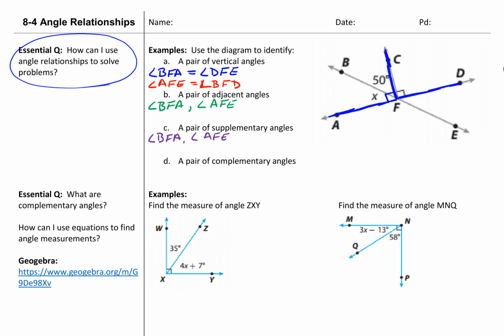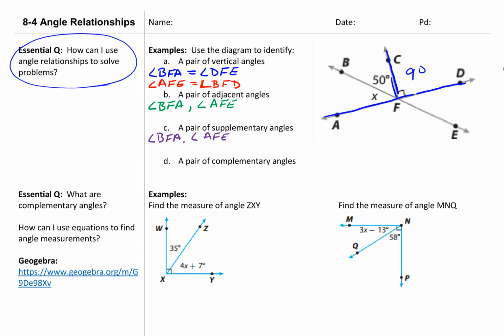So this is what I want you to start thinking about. Think about these relationships here. You have three angles here: AFB, BFC, and CFD, all on a straight line. Those would be supplementary. But if we just ignore the BF line here, we see that this right angle is on a straight line.